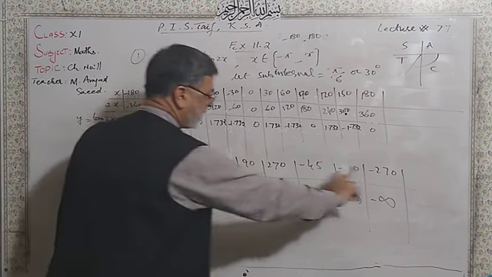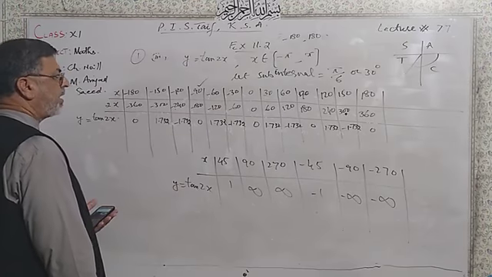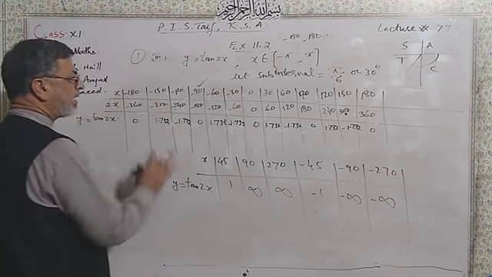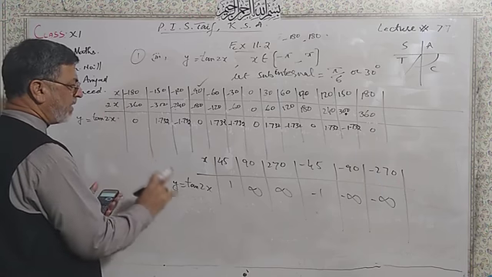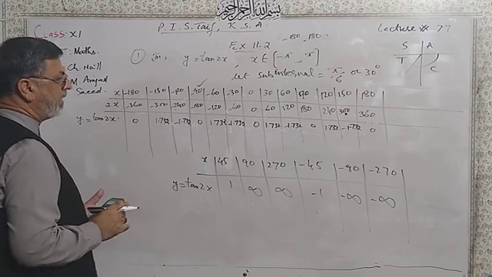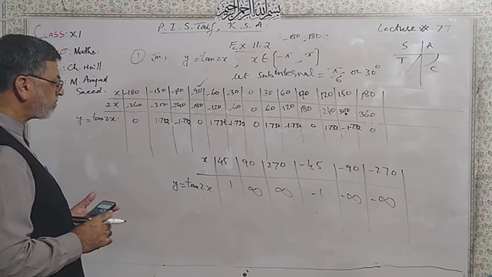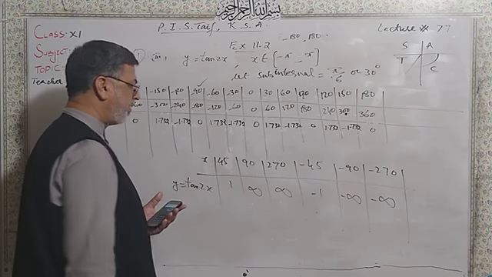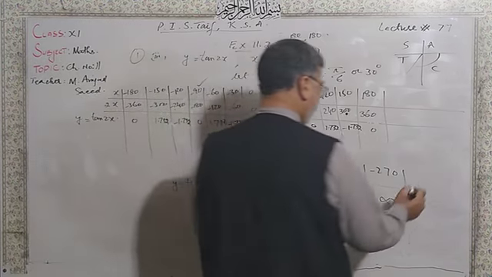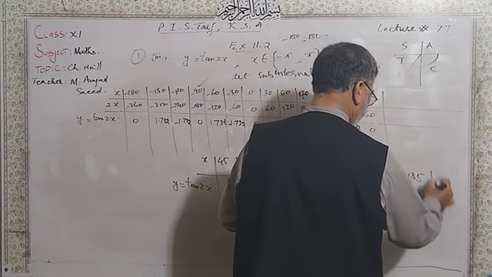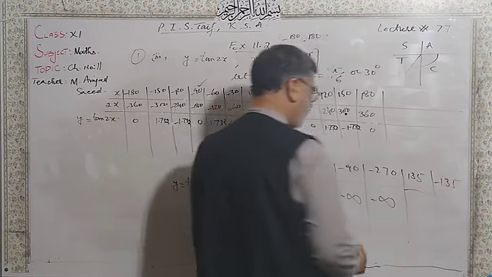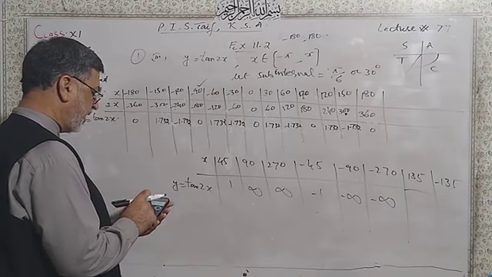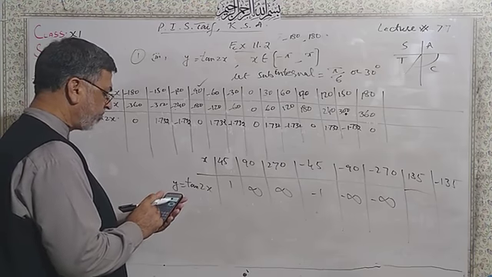Why am I using these special values? Because without these values, you cannot get the graph of tangent function in the proper way. Similarly, 45 and minus 45, 135 and minus 135. Remember that. These are also the values where we need to have the function.